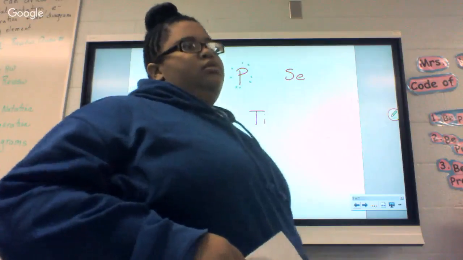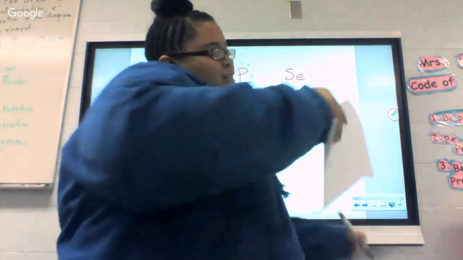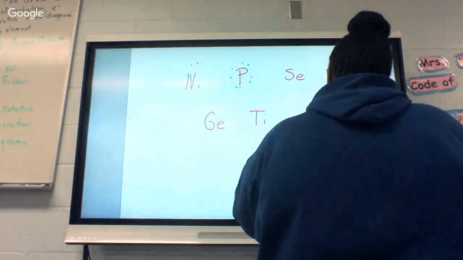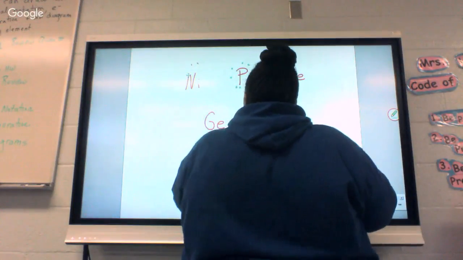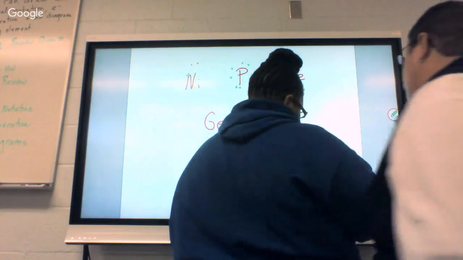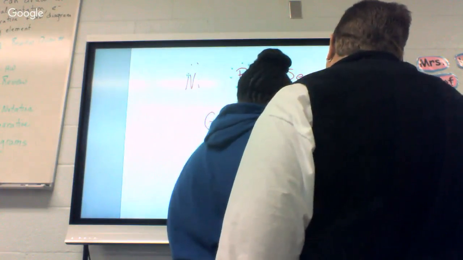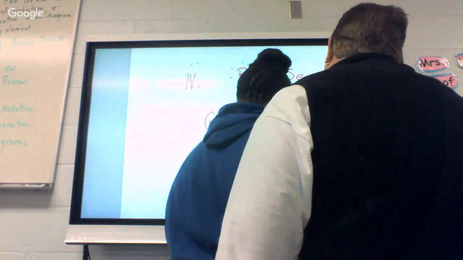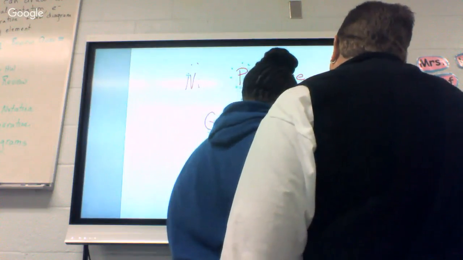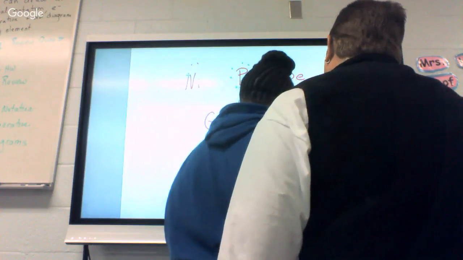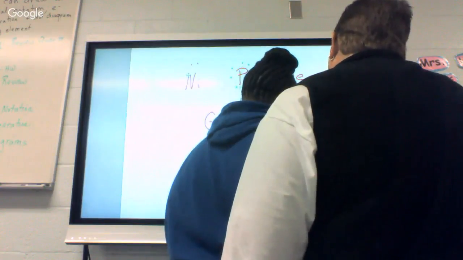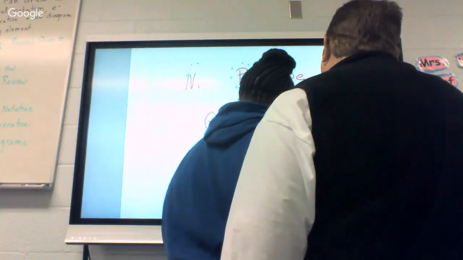Oh, what do you got for 16? I need to see that. We have 2 and 3, 1, 2, 3. You wrote 3, 2, 6, you still got 3 arrows. You're going to make those arrows.